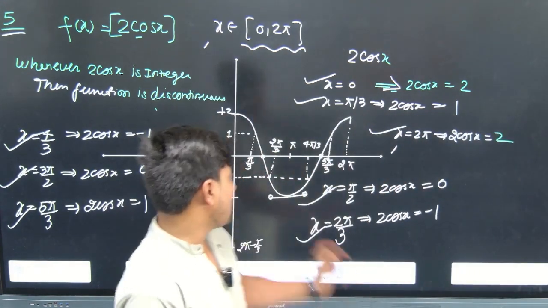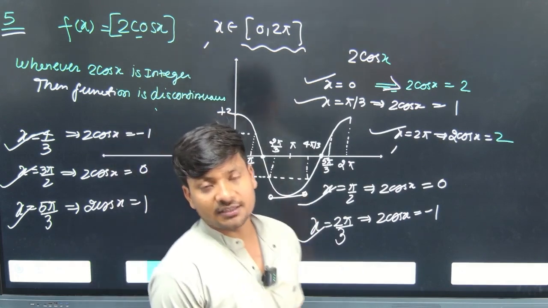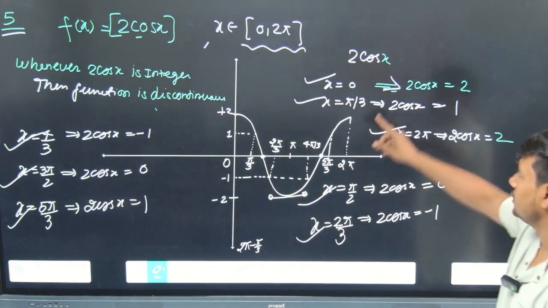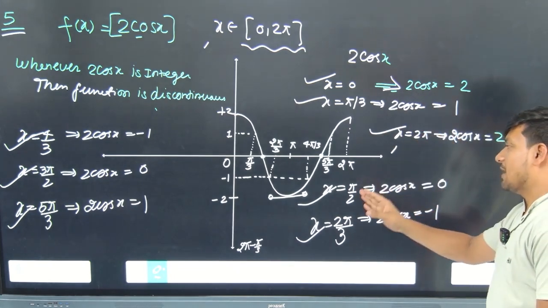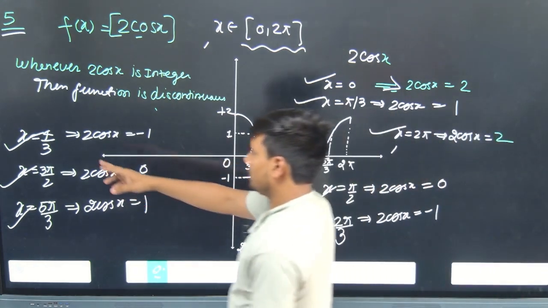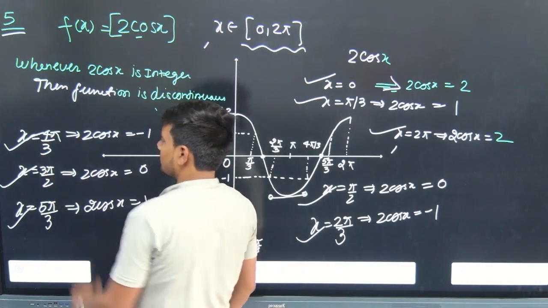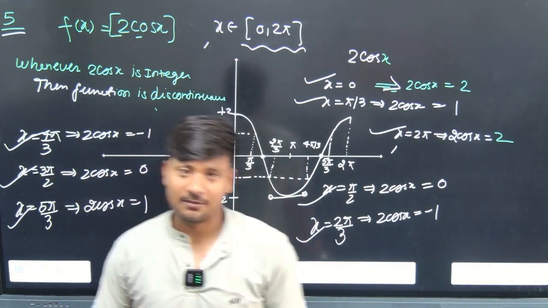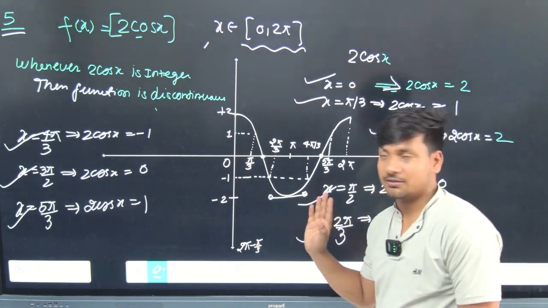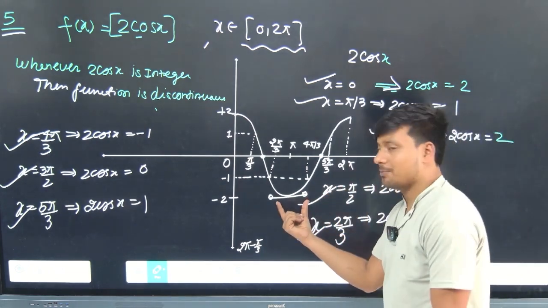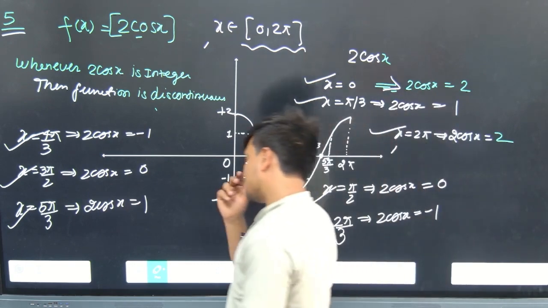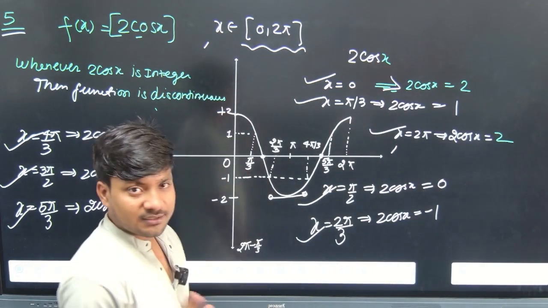Also we can draw the graph of the greatest integer, and we can see that this graph is discontinuous at 8 points, that is 0, pi by 3, pi by 2, 2 pi by 3, 4 pi by 3, 3 pi by 2, 5 pi by 3 and last 2 pi, okay. So 8 points are here where this function is discontinuous. We have to be very careful at pi, because at pi this function is continuous. Now move to the next question, and this is the last question for the greatest integer topic.